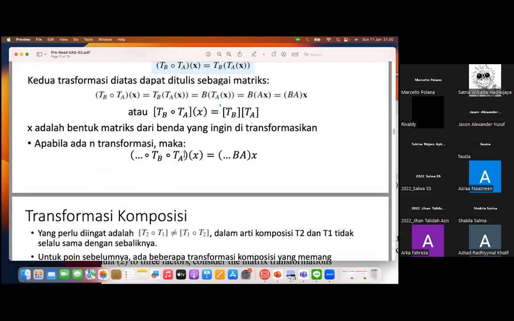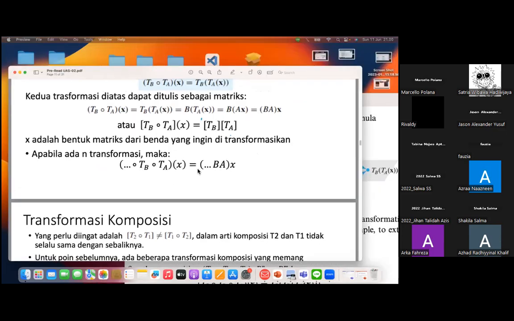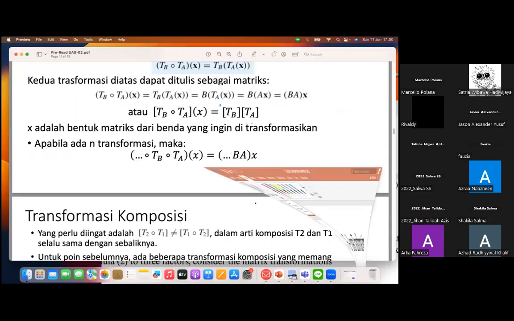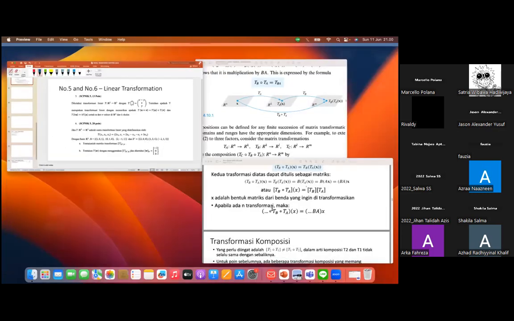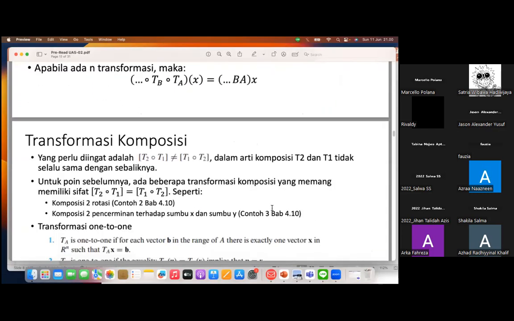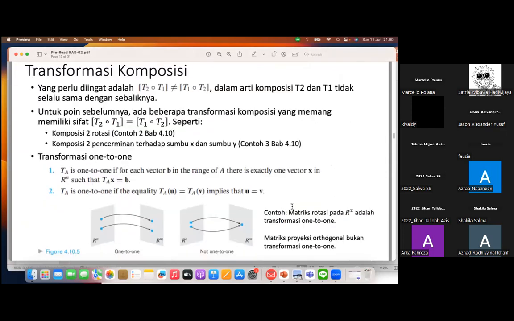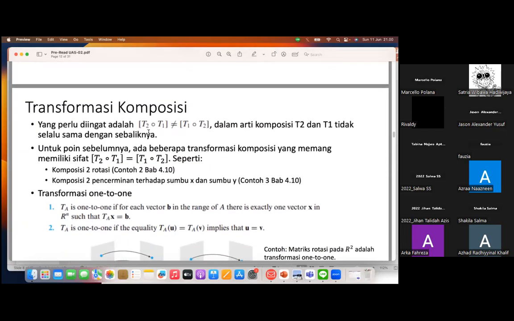However, bear in mind that order matters in terms of transformation, especially when you're dealing with matrices. If your order is different, you're going to get a different outcome from what is intended. It's also worth noting that T2 composed with T1 is not always the same as T1 composed with T2.